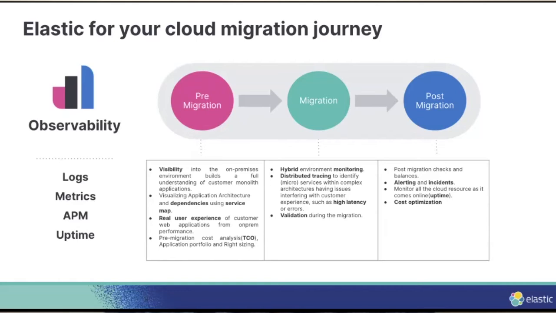There are a lot of things you can do. You can validate your performance using both sets of data. Because we can store 3 to 7 years' worth of data, it's pretty inexpensive now using the frozen tier and a couple of other features in the Elastic platform.